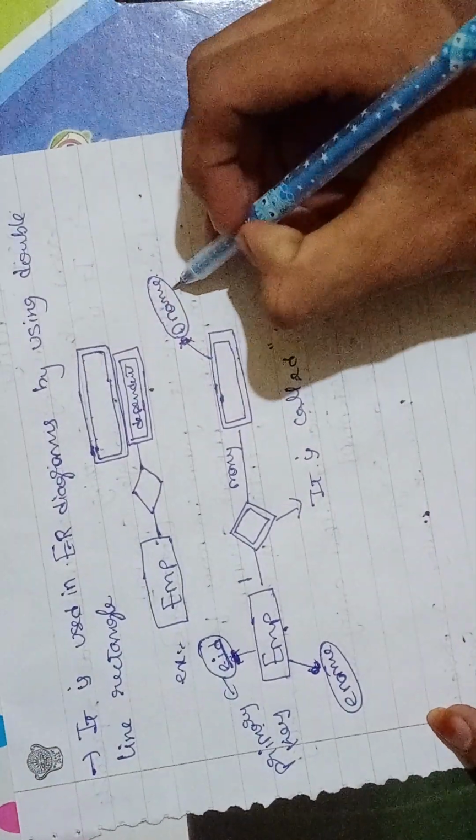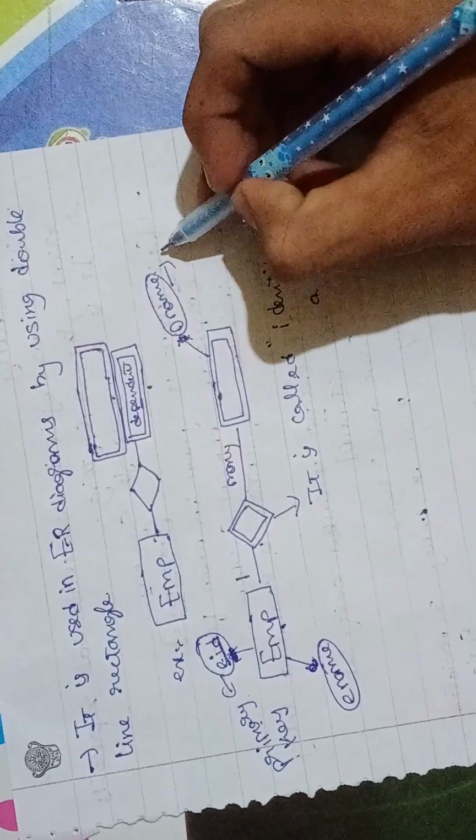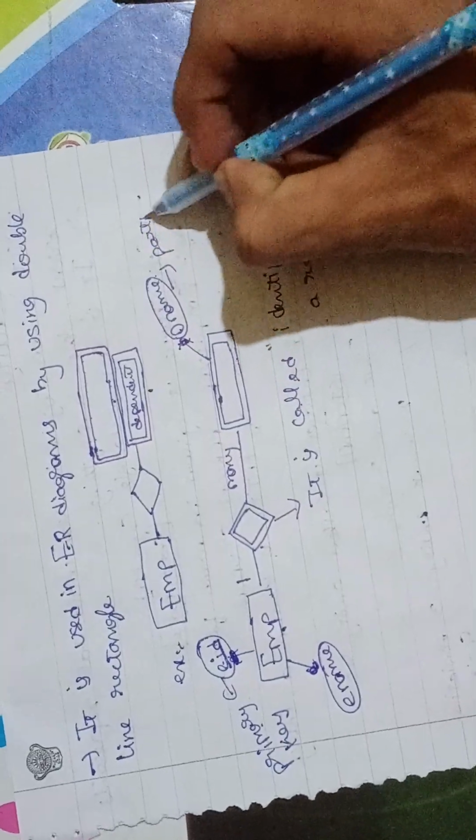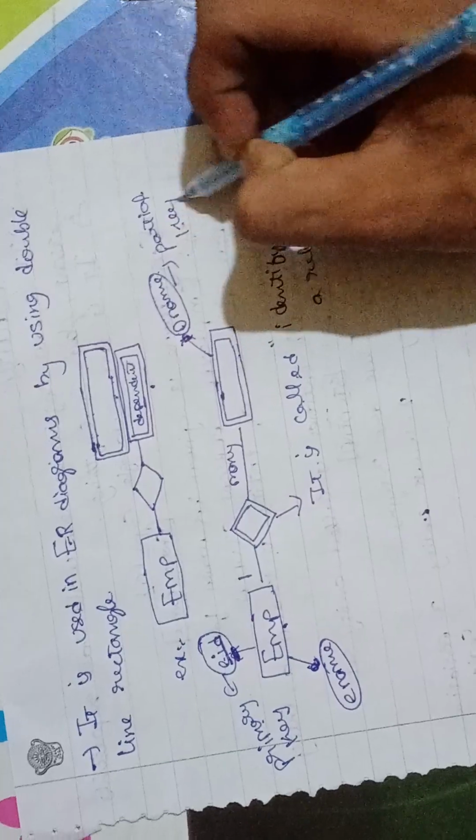So this is the partial key. It is denoted by a dotted straight line.